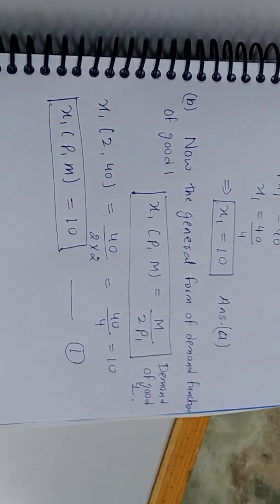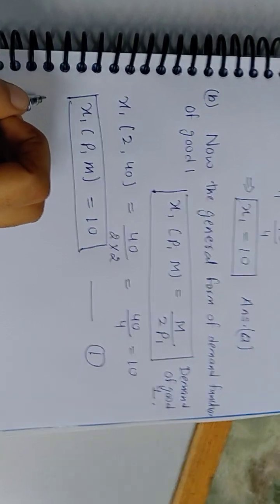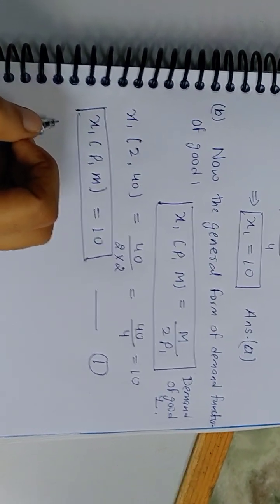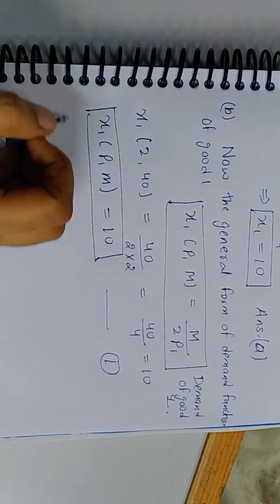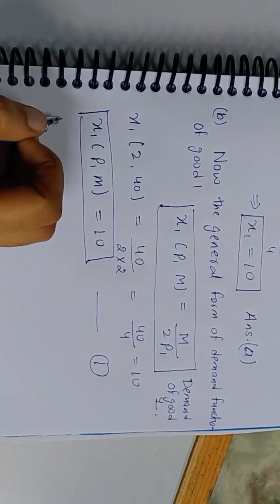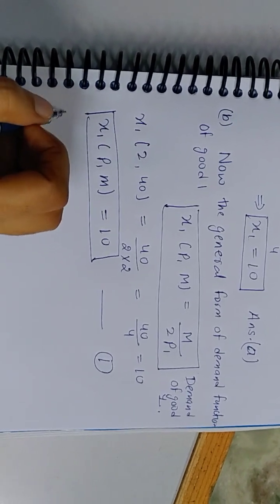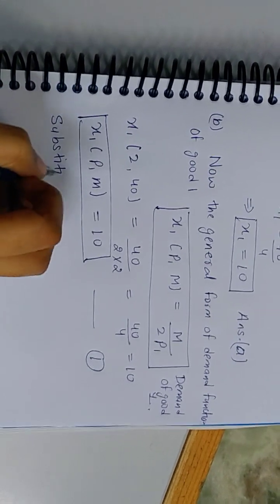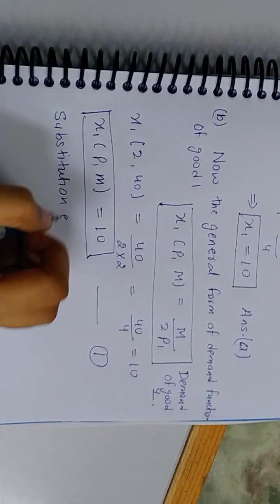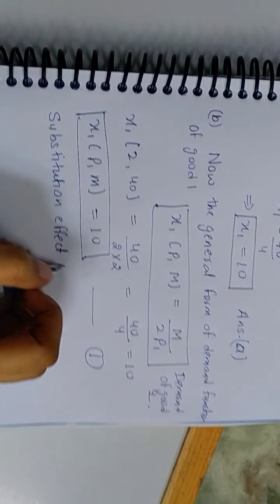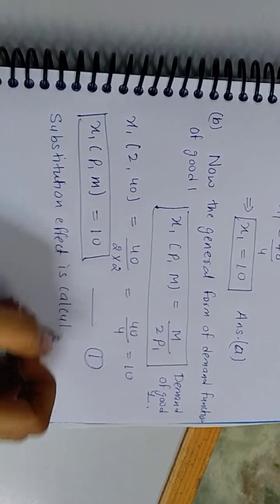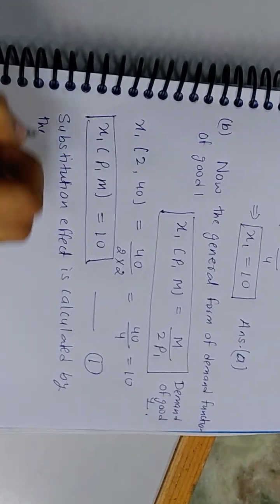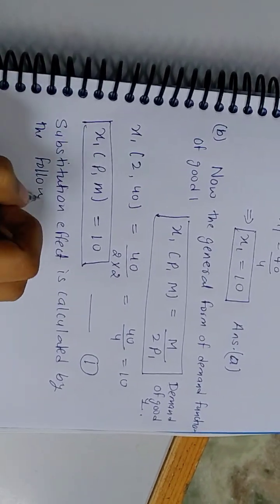Substitution effect says that if the price of good 1 falls, then demand is increased. Therefore, the substitution effect is calculated by the following formula.